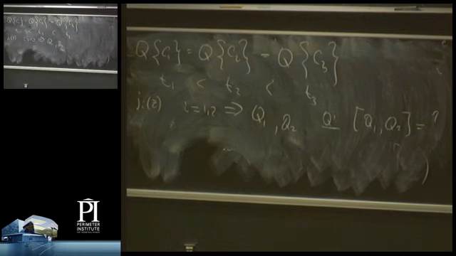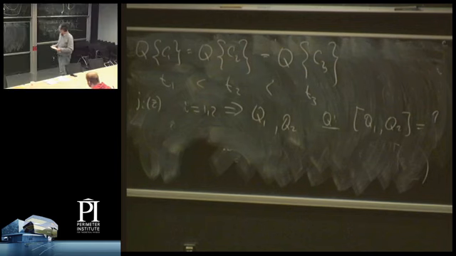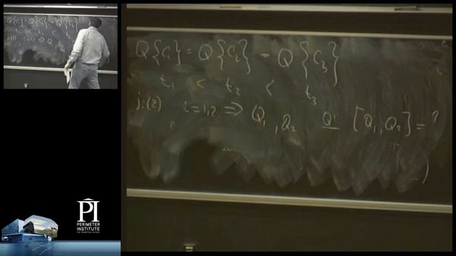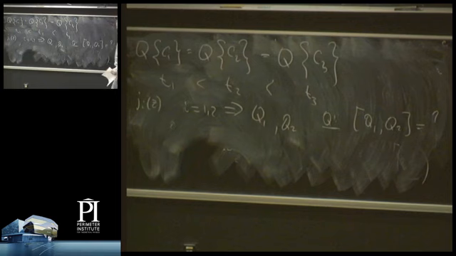What we are after is a commutator of conserved charges. If I think about these charges as operators acting on the Hilbert space, our question is, how do I compute the commutator between two conserved charges?